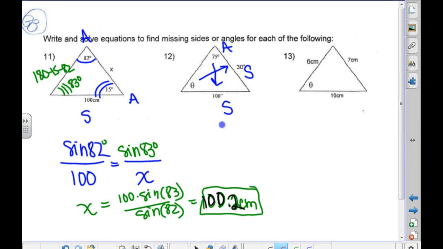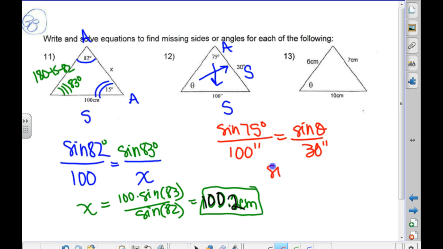All right, so I'm going to set up the sine of what? Okay, is across from 100 inches in the same way that the sine of theta is across from 30 inches. Cross multiply and divide, and you're going to get a little decimal, I hope. What was it? 0.2 something?